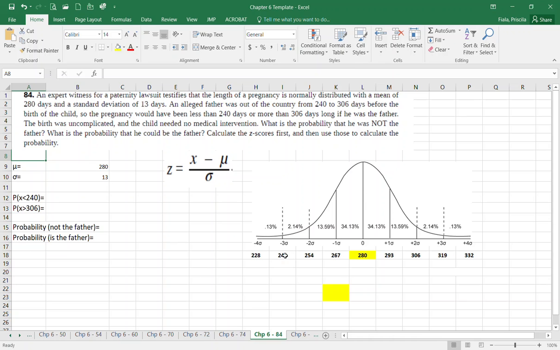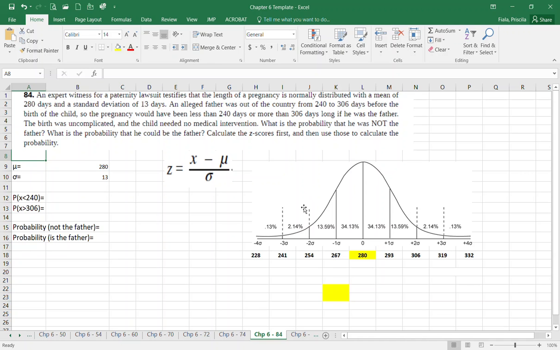Do you see 241? So 240 would be about here. So a little less than minus, actually in this case higher, but on the negative side, three standard deviations, all the way to exactly two standard deviations, 306. Do you see the values? 240, which is 241 exactly, to 306.